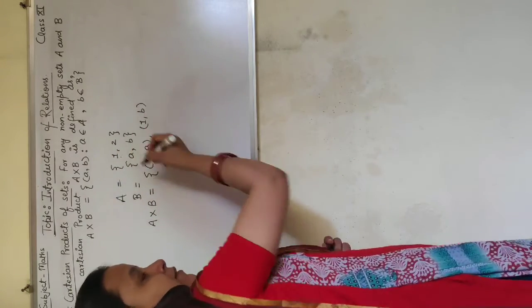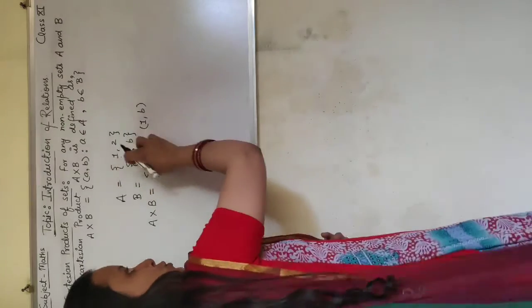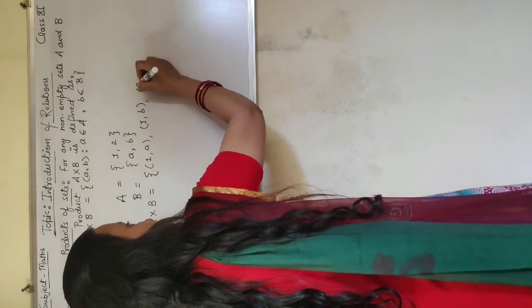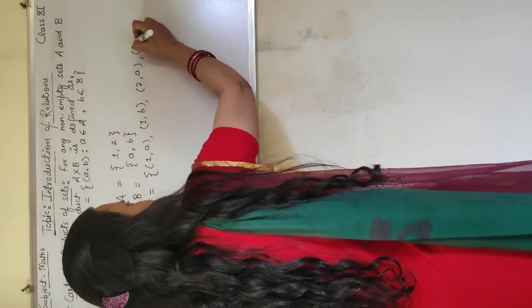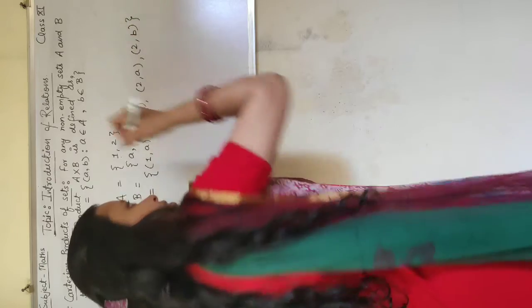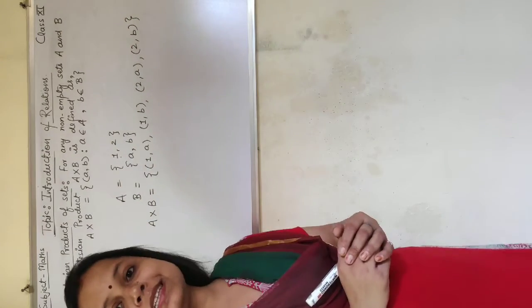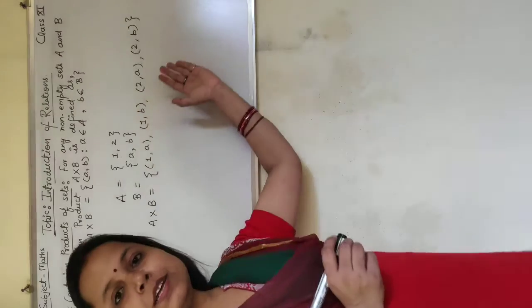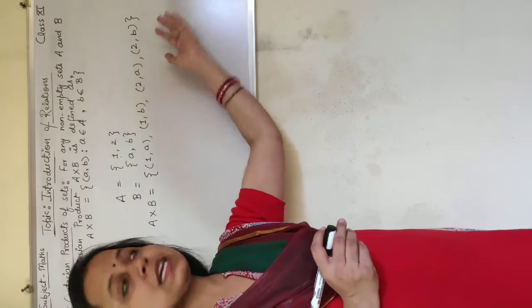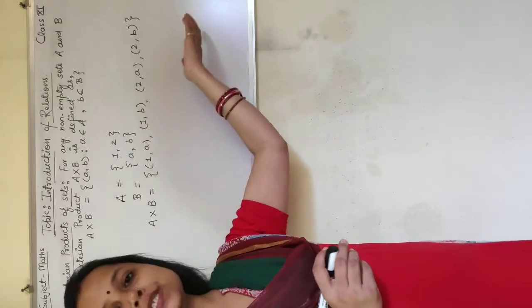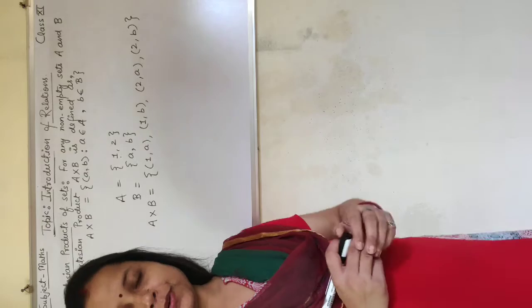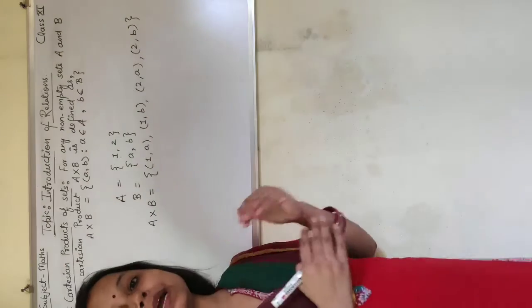Then again we make the ordered pairs of 2 with A and B both. So this is (2, A) and (2, B). In this way we need to multiply any two given sets. Suppose there are more elements in set A or B, then we only have to introduce some more ordered pairs. So that is the way to multiply.